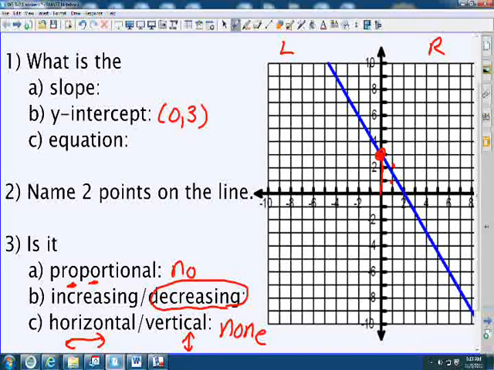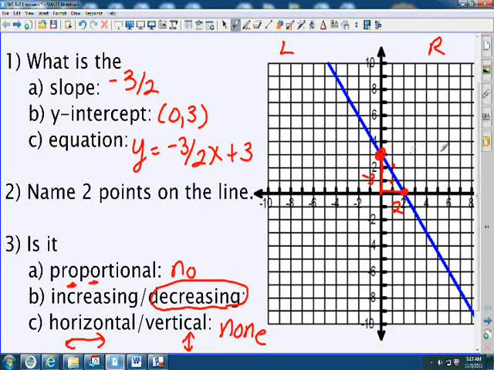But this time if I go down 3, negative 3, and over 2, I hit the line. My slope is negative 3 over 2. So my equation is y equals negative 3/2 x plus 3.